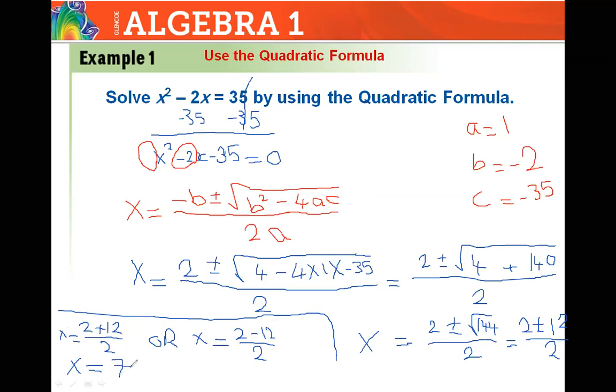So this is the first value. The second value, x equals 2 minus 12, which equals negative 10. Negative 10 divided by 2 equals negative 5. So the value of x here is negative 5.